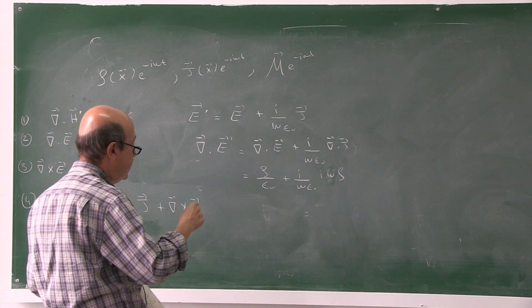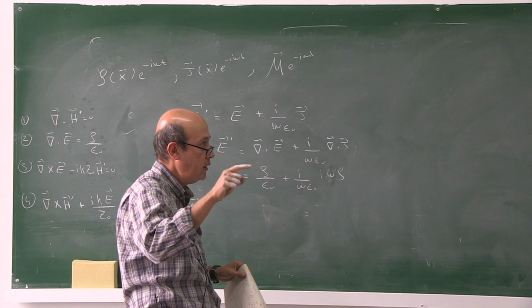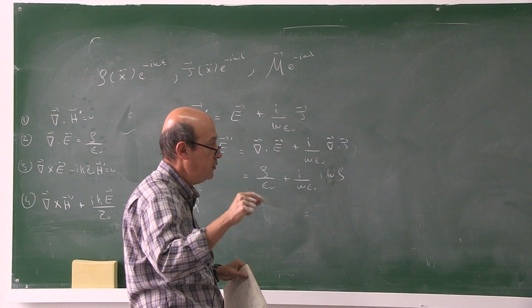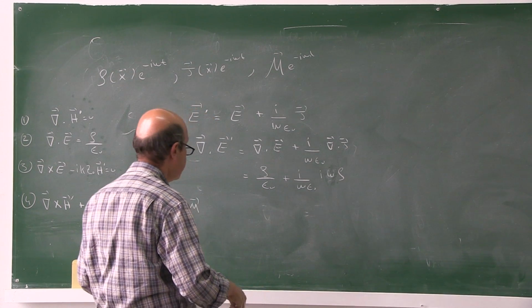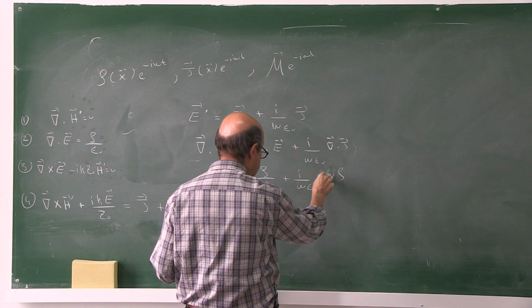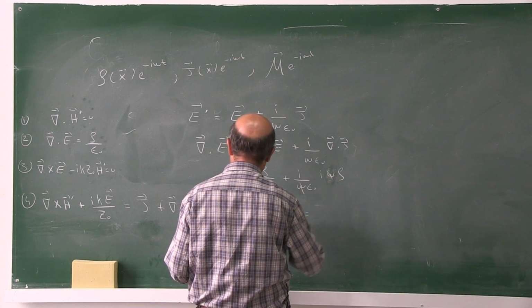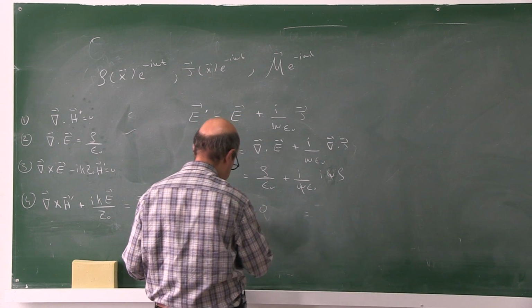So del dot J is equal to minus del rho over del T, that is minus I omega, minus, yes, that is plus. That makes plus, and I is minus, omegas are cancelled, and that is 0.